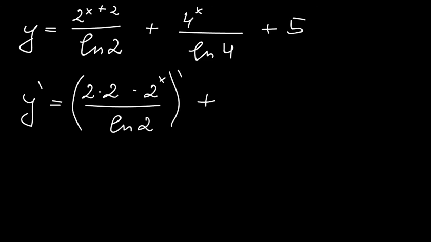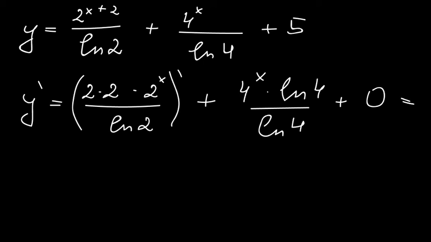It will be 4 to the power of x times a natural log of 4 divided by natural log of 4, plus this will give us 0, so I just write it, and we get that this gives us 4 divided by natural log of 2 times 2 to the power of x times natural log of 2.